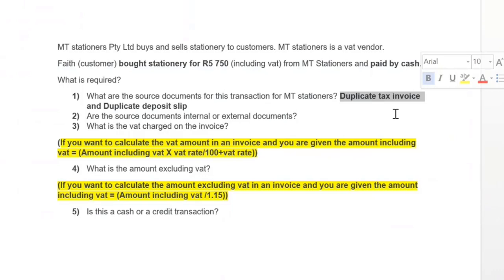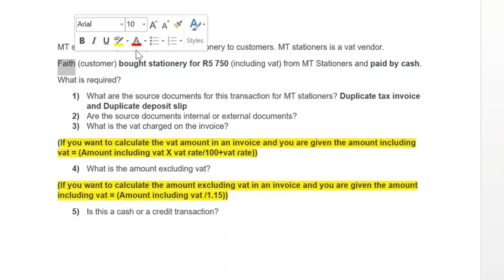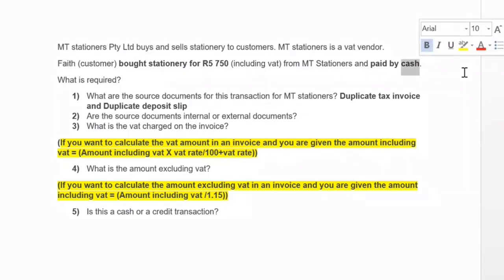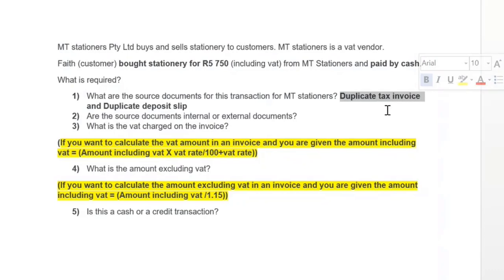When we make a sale, we sold stationery to our customer who is Faith. We sold the stationery for cash. Because we sold stationery for cash, we issued an original tax invoice to Faith because she bought stationery from us and paid cash.